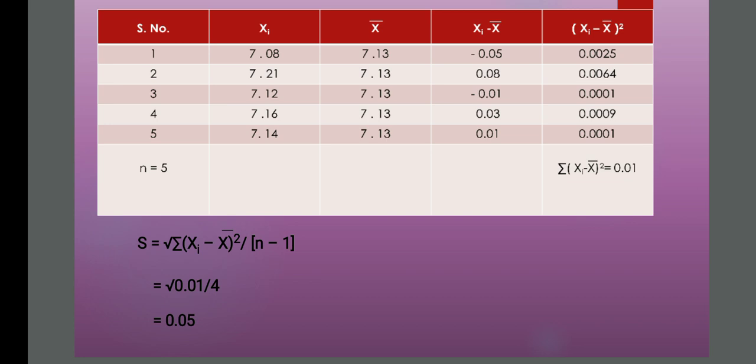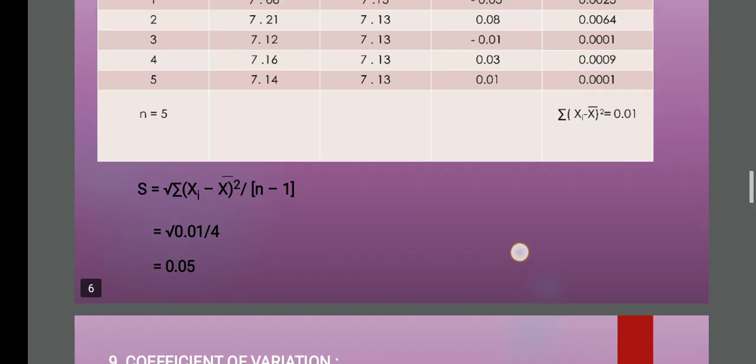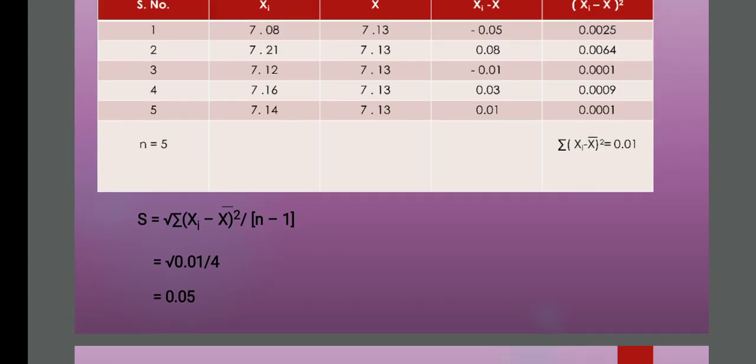And now you introduce the formula s is equal to square root of sum of xi minus x bar the whole square divided by n minus 1. So our value is square root of 0.01 divided by 4, which is nothing but 0.05. I think you are clear with the problem, and your final answer is 0.05. So I'll go with the next one.